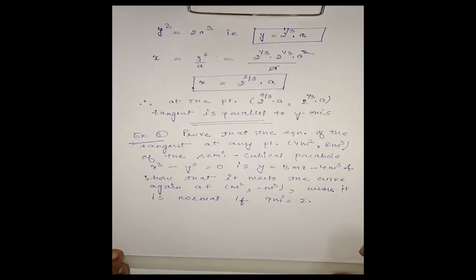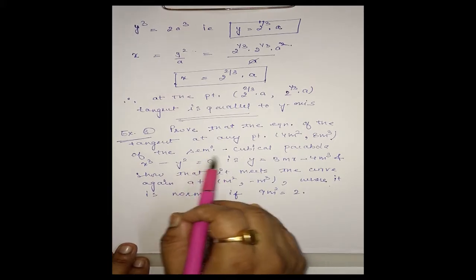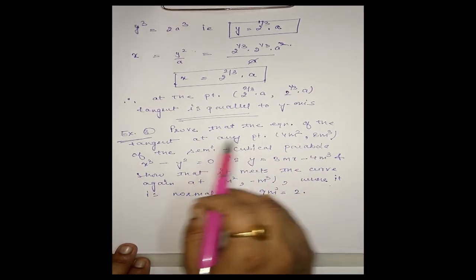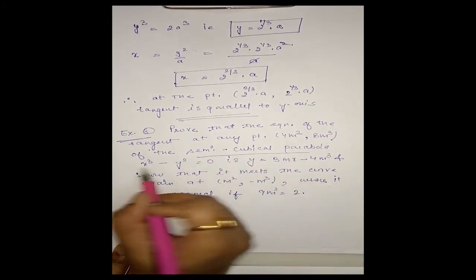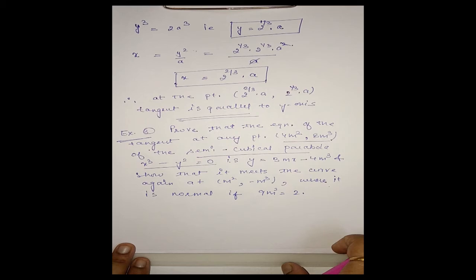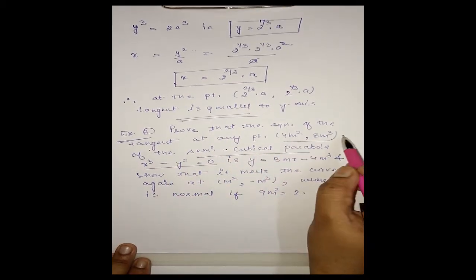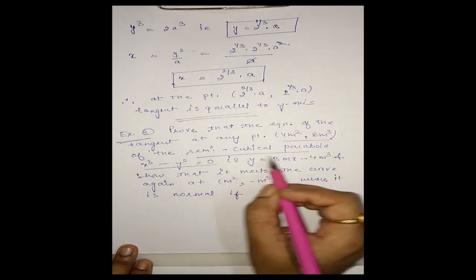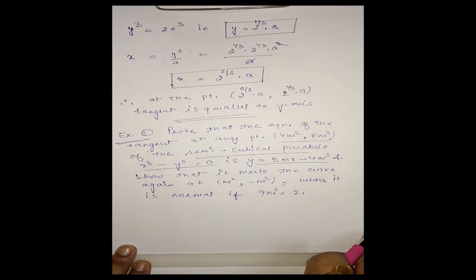This is the question. We have the equation of a semi-cubical parabola. We have to find the tangent to this curve at the given point, and show that this tangent comes out to be the given line.